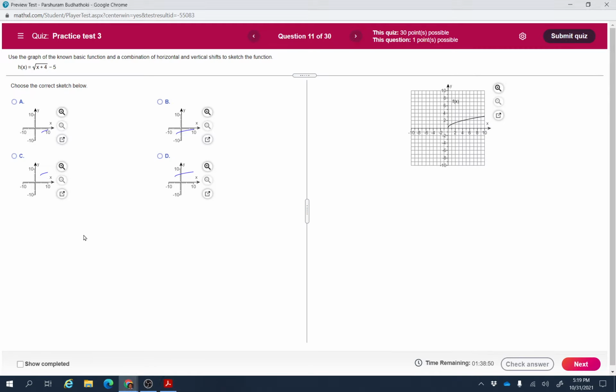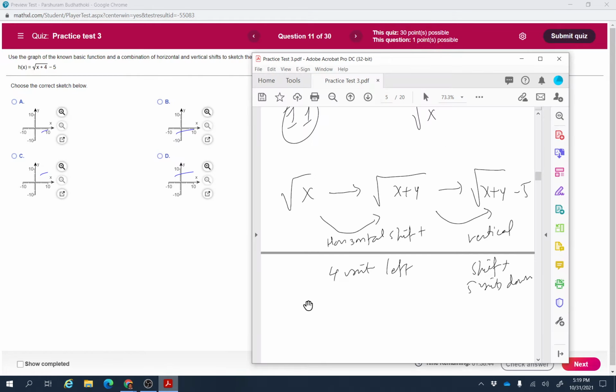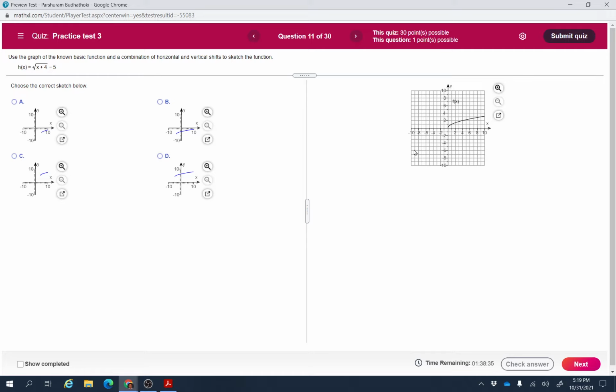So now let's answer this question after knowing the basic function. Choose the correct sketch. We are using the graph of the square root of x, and we're taking that graph to the left 4 units and 5 units down. So this 0, 0 becomes negative 4, 0, and that goes down 5 units.